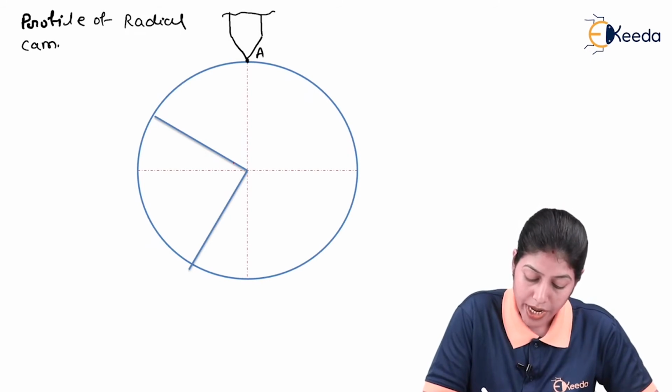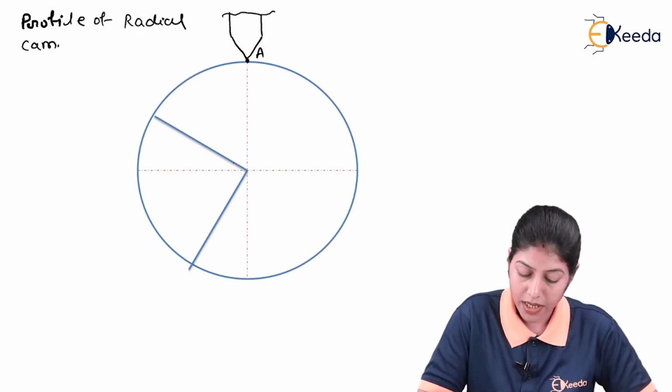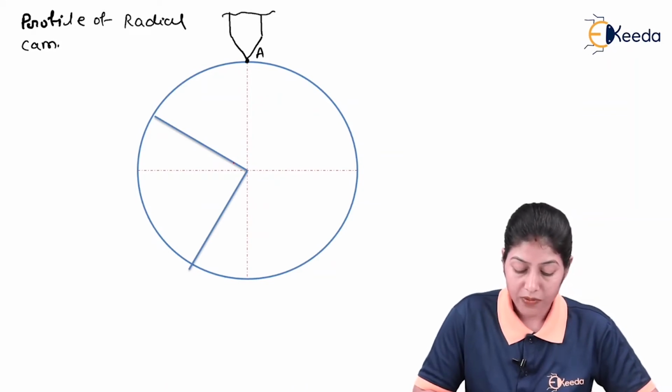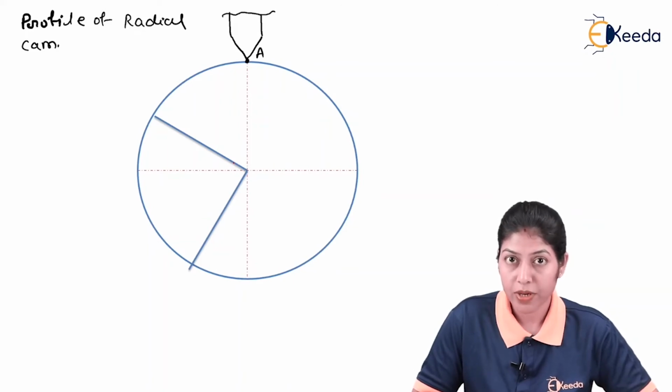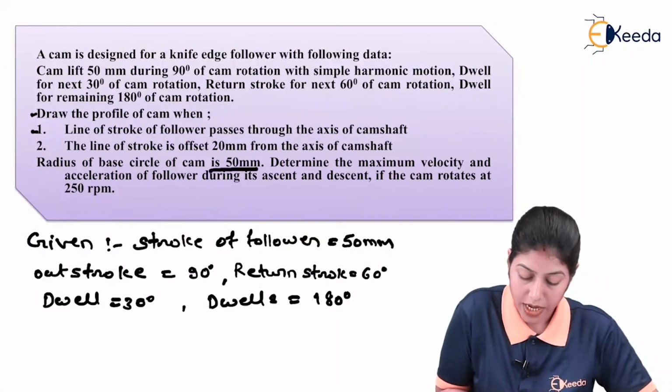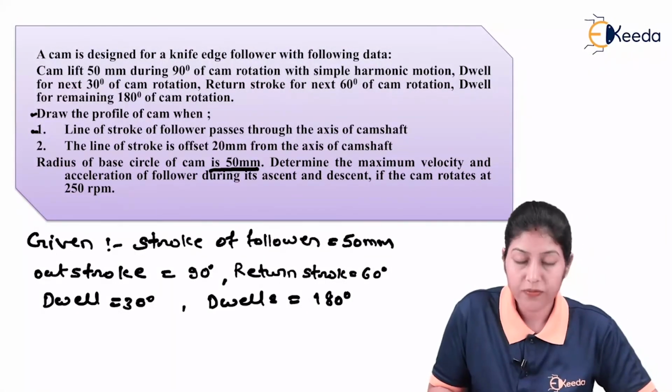The contact point of the follower and the profile of the radial cam is called the trace point. And we have the value of the base circle, the radius of the base circle is given, not diameter. So the radius is given as 50 mm.